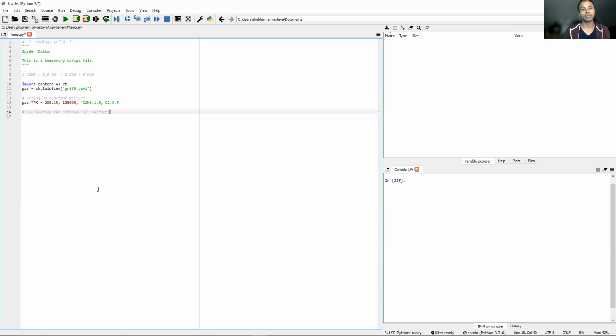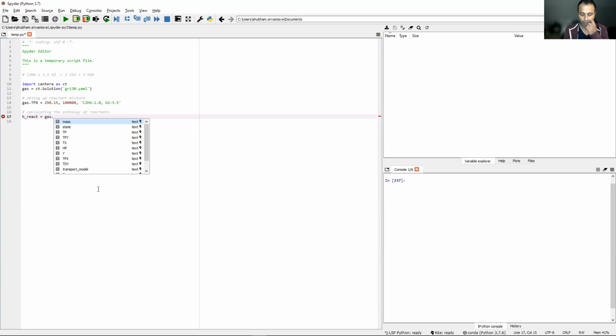And so that gives the enthalpy in joules per kilomole of the mixture. And so we will just go ahead and use that same function. We will say H_react, so enthalpy of reactants is equal to gas.enthalpy_mole. All right.